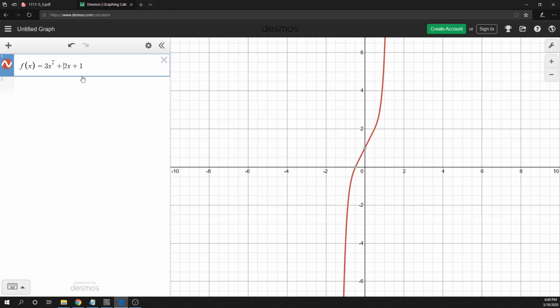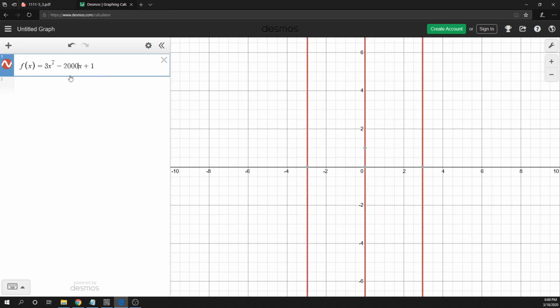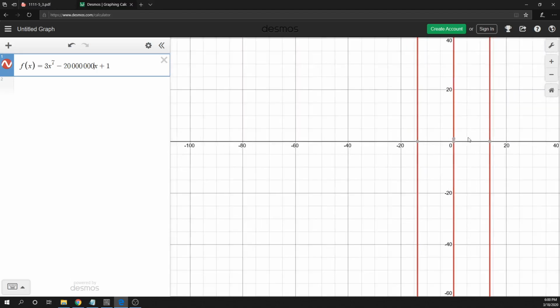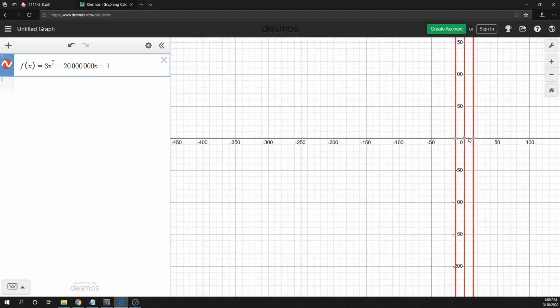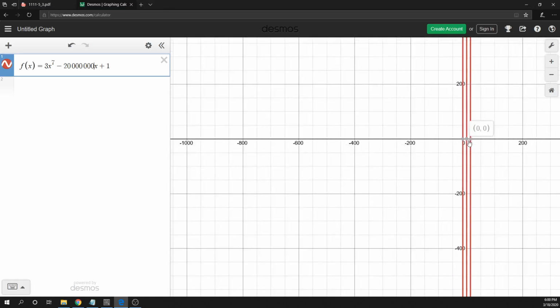In fact, I was like, well, what if this is some really small number over here, like negative 20,000x? Isn't that going to cause a problem? Because that's a really small, negative number compared to this. And you can see that it's not going to bother this thing at all. We'll have to zoom out a lot.